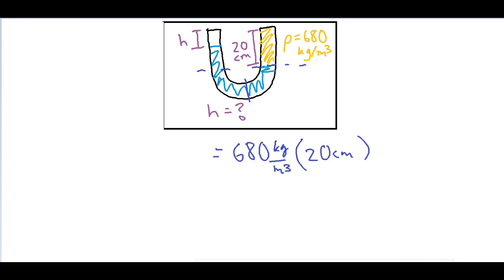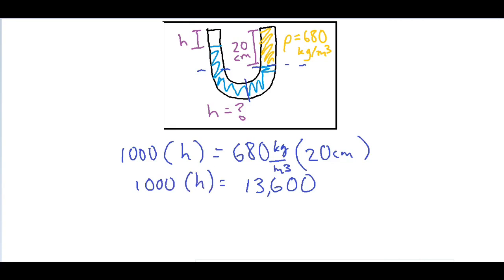Now on the other side, we have water. And we do know the density of water is 1,000 as we've been using. And then we're looking for that unknown height. So if we take 680 times 20, we get 13,600, which equals 1,000 times h.